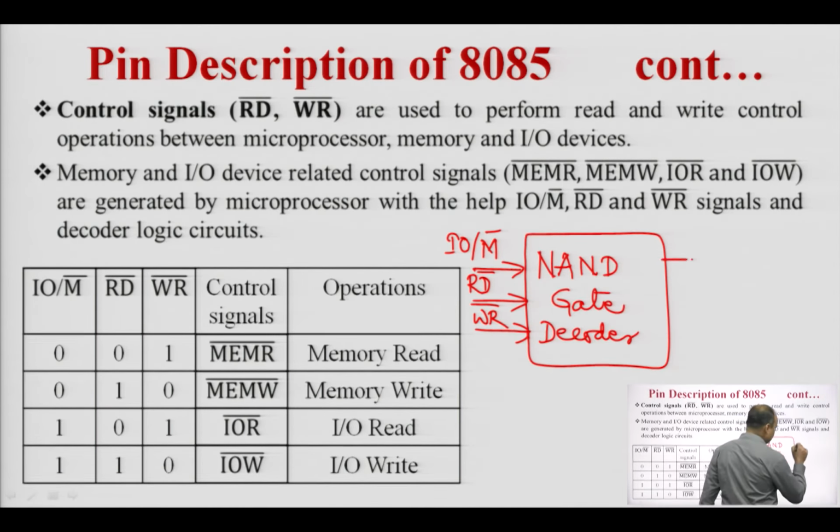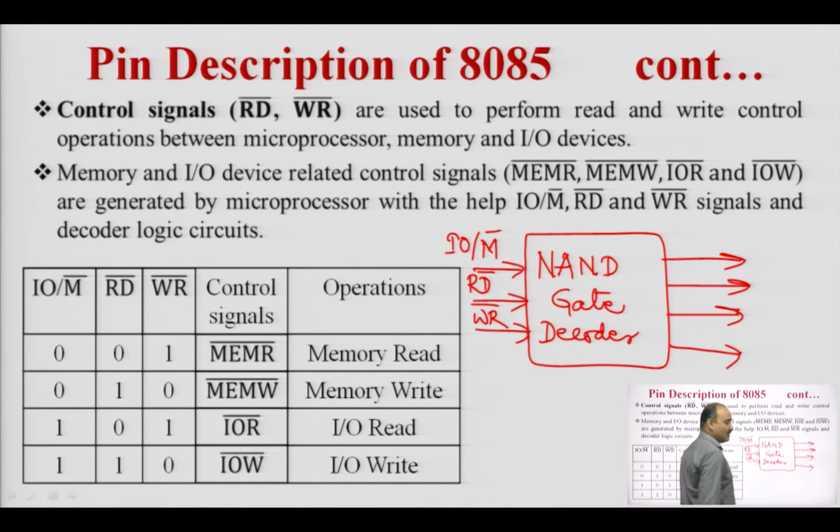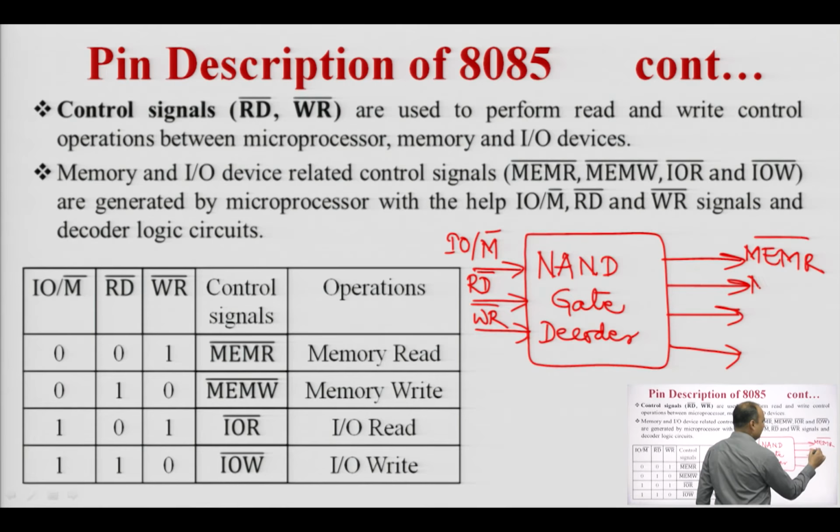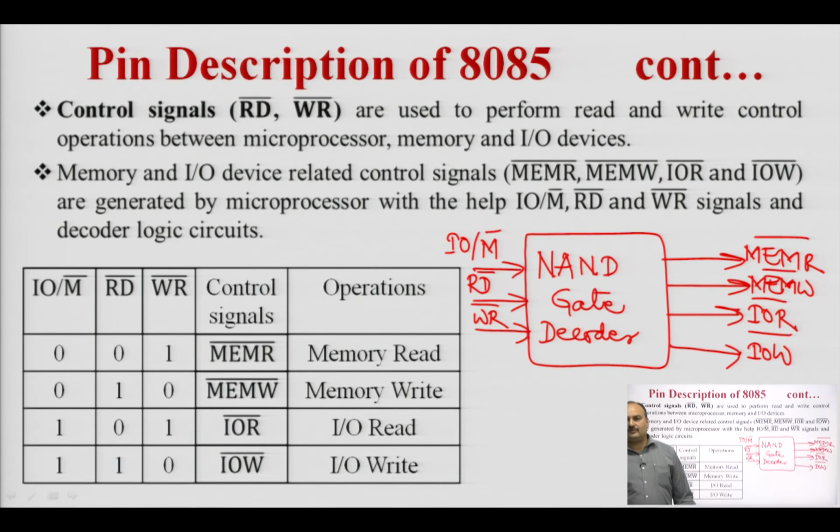With the help of these control signals the microprocessor will generate the 4 control signals for memory read and memory write operation, input output read and input output write operation. These signals are MEMR bar, MEMW bar, IOR bar and IOW bar. So, these are the 4 signals generated with the help of these 3 signals which are applied to the NAND gate decoder logic.